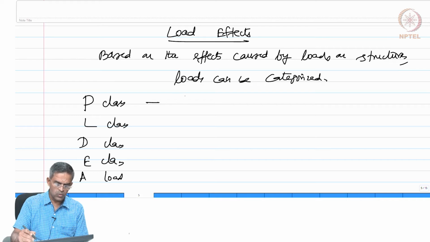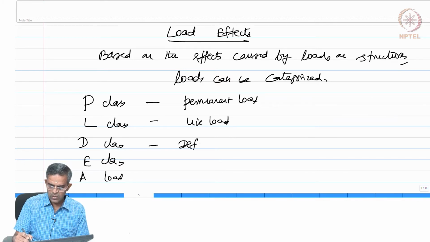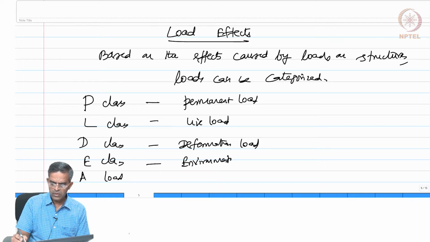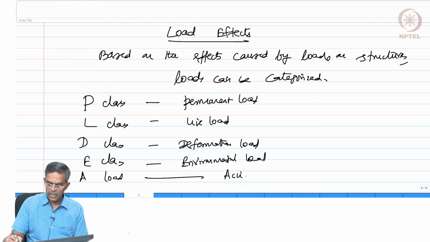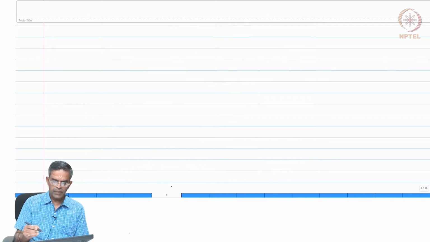P class refers to permanent load, L class refers to live load, D class refers to deformation load, E class refers to environmental load and A class refers to accidental load. Let us see them slightly elaborately.